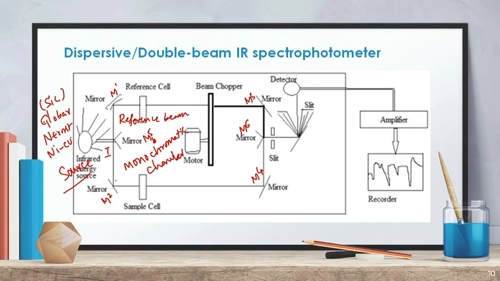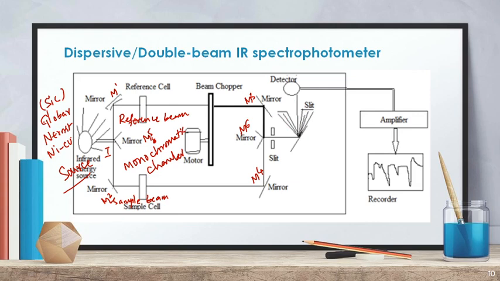Another beam is passed towards the sample cell; this beam is known as the sample beam. The IR radiation itself has to be converted into monochromatic radiation, and after that it is split into two different beams: the reference beam and the sample beam.